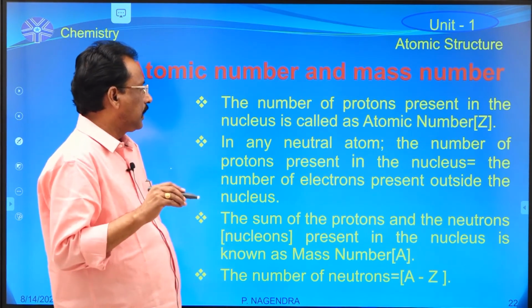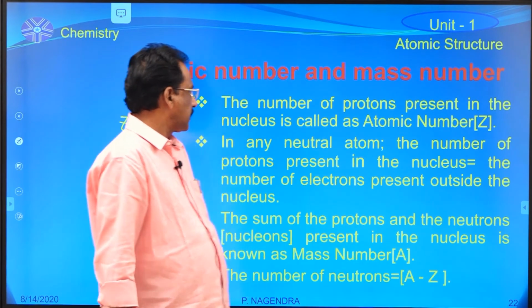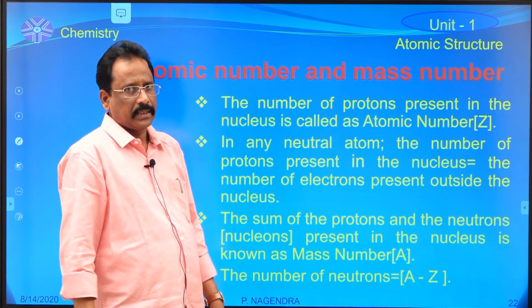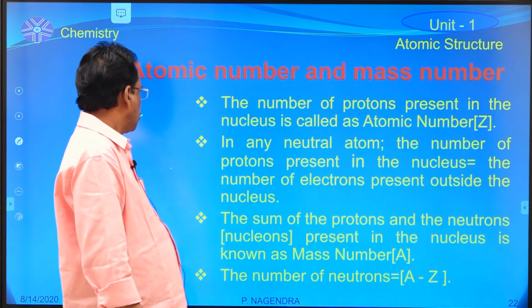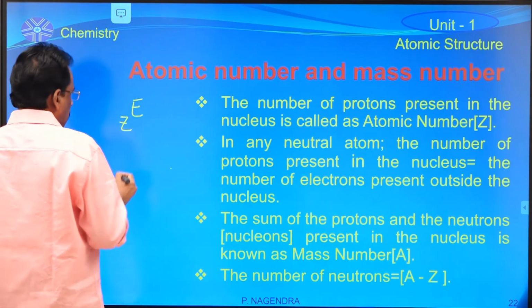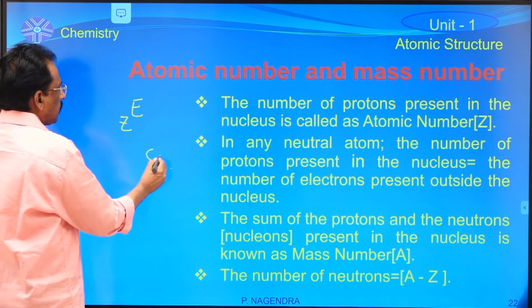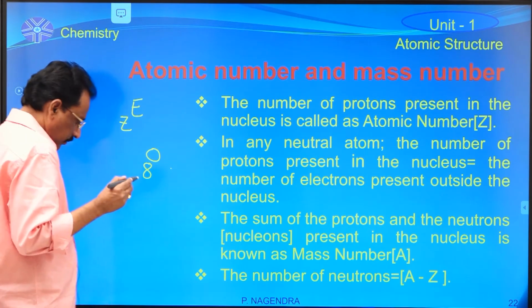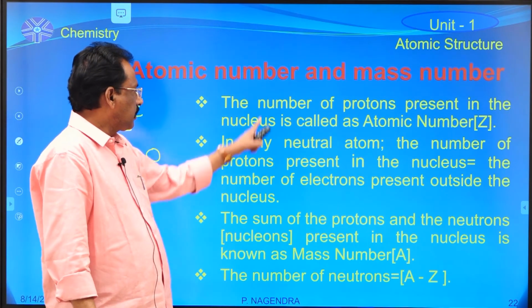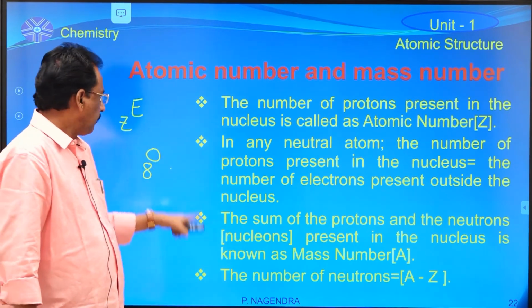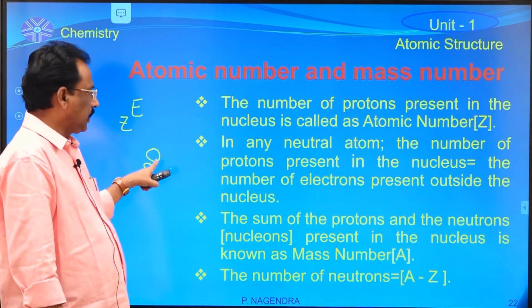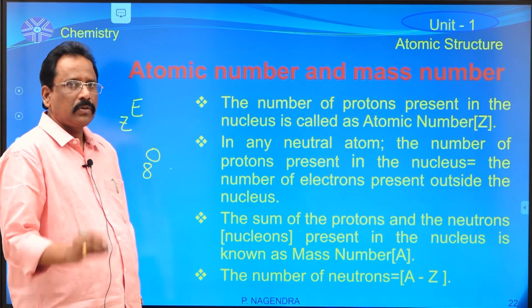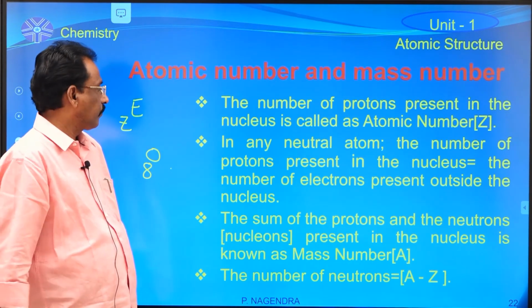According to him, the atomic number indicates the number of protons present in the nucleus. Example, oxygen: atomic number is 8. So from this statement, the number of protons present in oxygen is equal to 8, so the charge is plus 8.